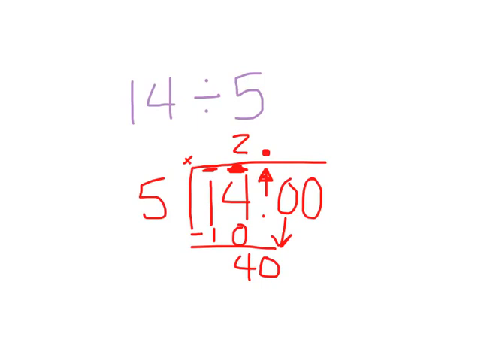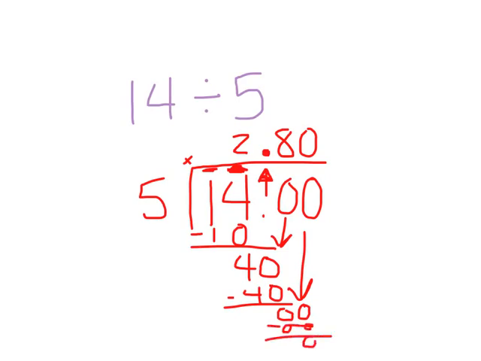How many times does 5 go into 40? 5 goes into 40 8 times. 8 times 5 is 40. Subtract, and I get 0. Bring down my 0. 5 goes into 0 times. So if I split $14 5 ways, each person would get $2.80.